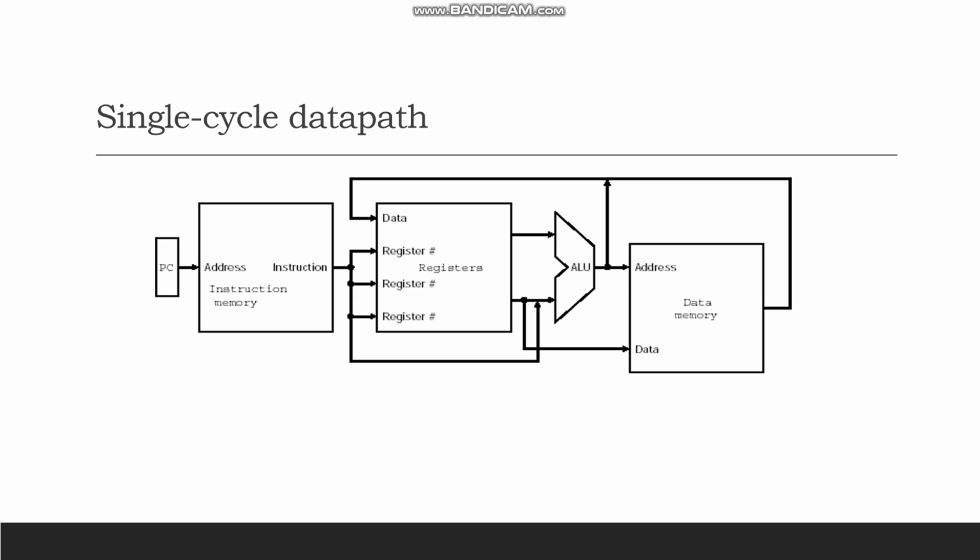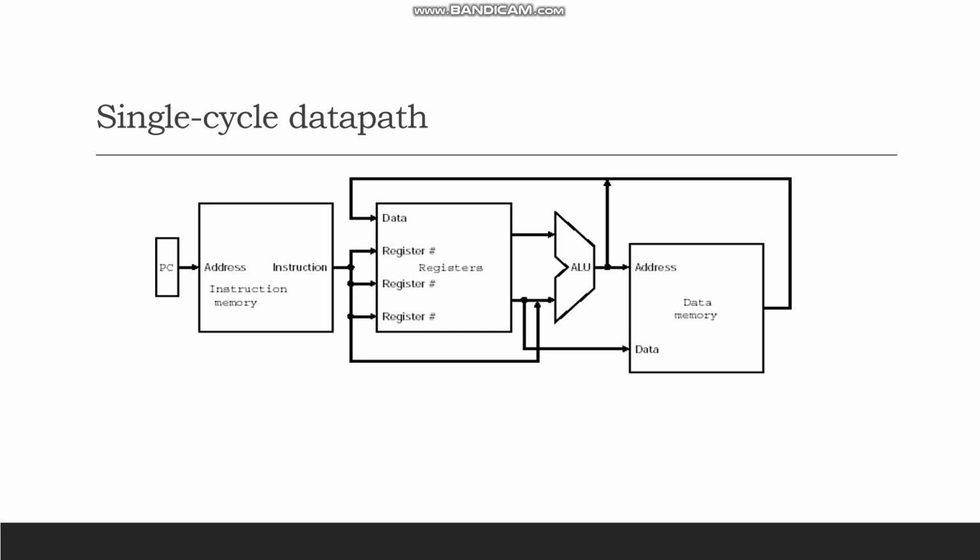Single cycle data path. A single cycle data path assumes each instruction is executed in one clock cycle, in which each component, memory, ALU, etc., can be used only once.